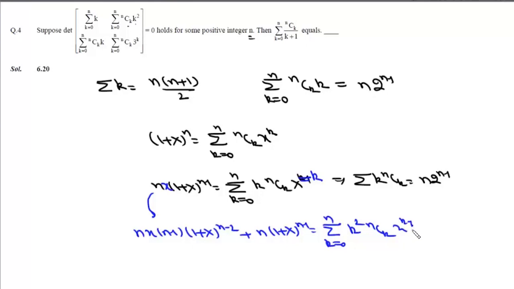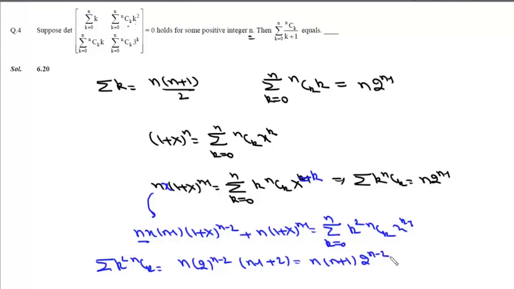Now again, if we put x as 1, we'll get the summation k squared nCk. Here we'll take n common and 2^(n-2) common. So it will be n 2^(n-2), and here we'll get (n-1) plus 2, so it will be (n+1) 2^(n-2).